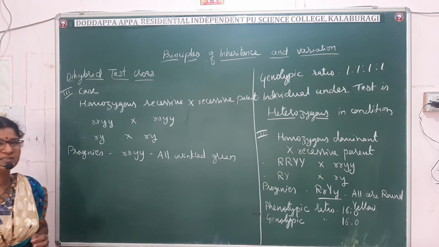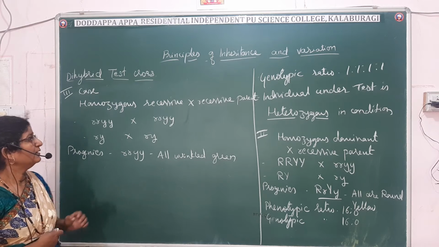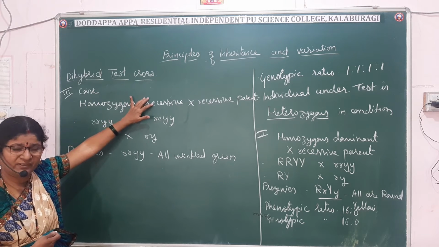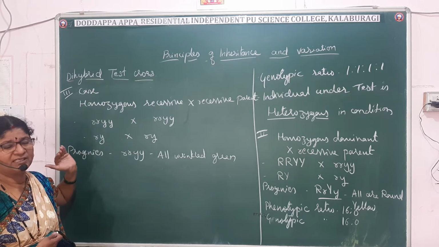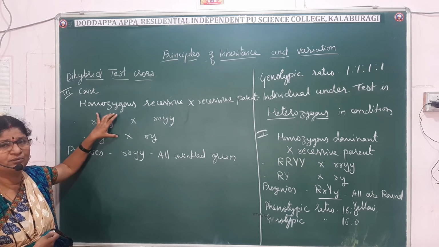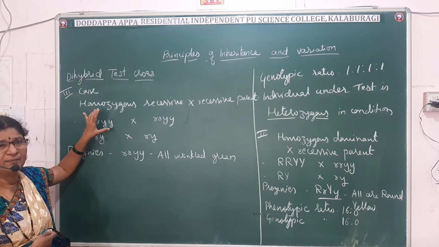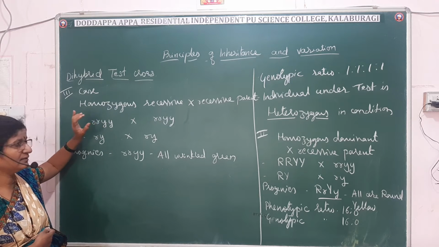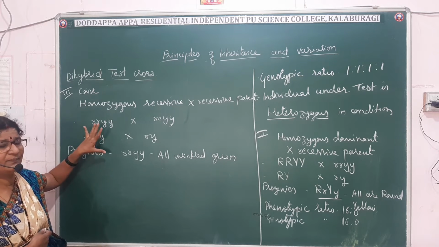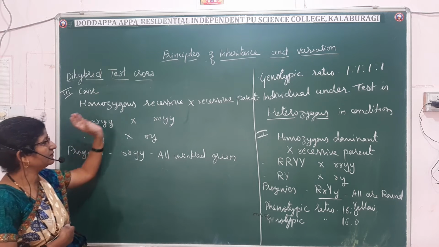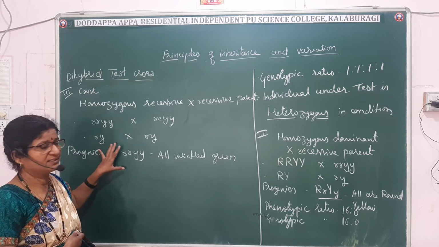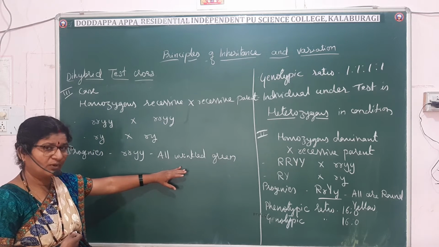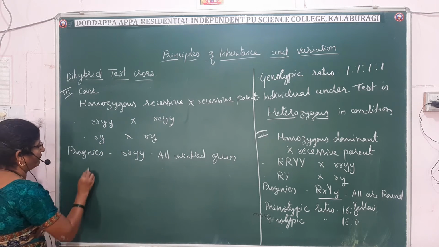So in the third case, we have taken the homozygous recessive individual, which we consider as the unknown. Suppose we take wrinkled yellow color seed giving plants and cross those flowers with the recessive parent, we are going to get only the recessive characters, that is wrinkled green. So what kind of ratio did you get?